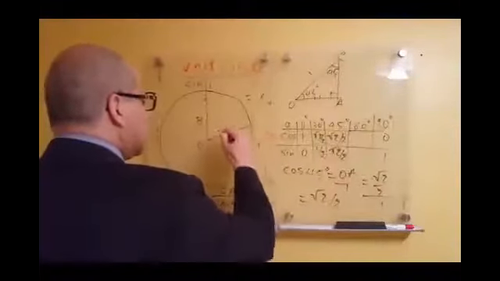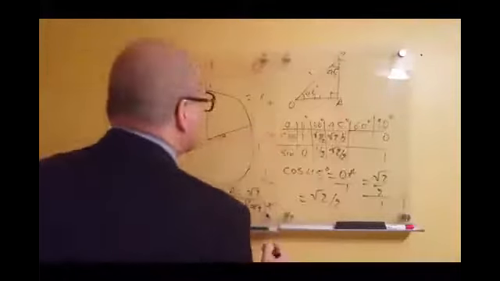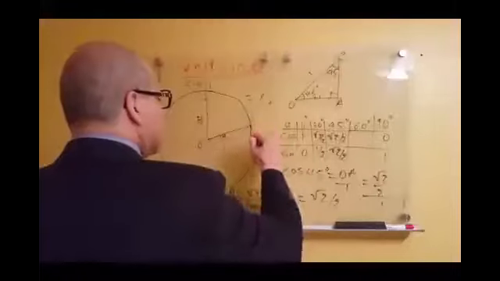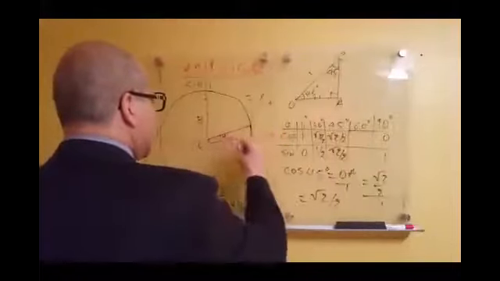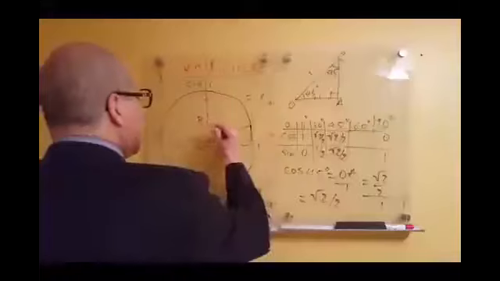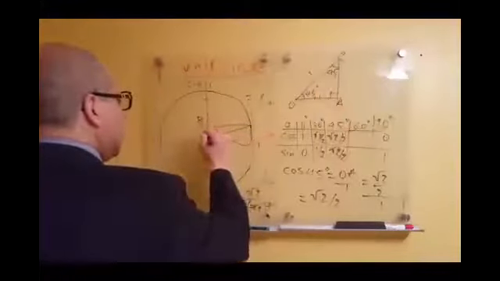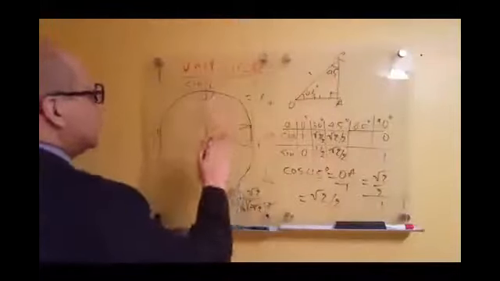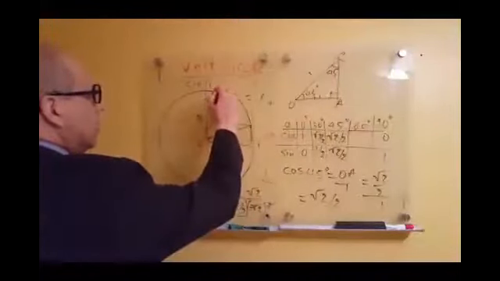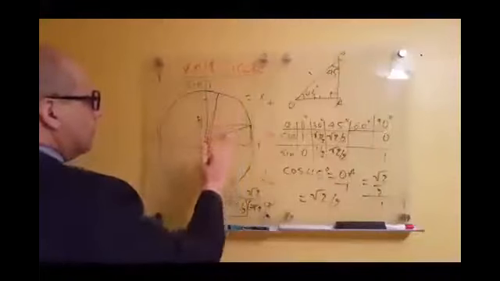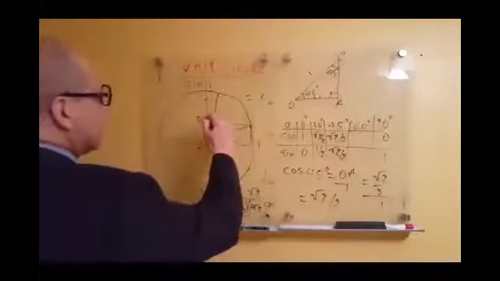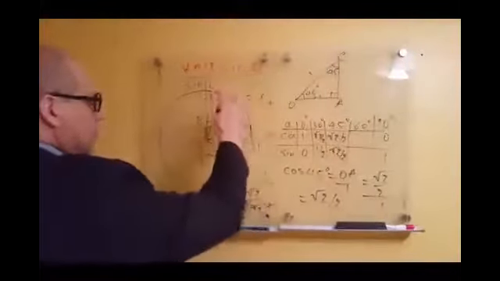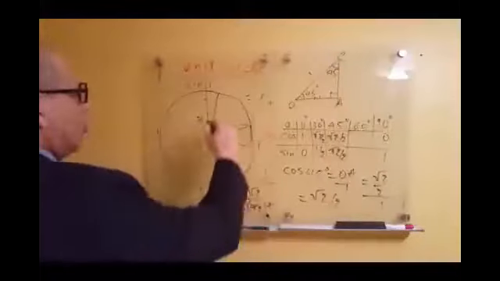Let's call it again A. The cos of this angle is this here, and the sine of this angle is this here. Now let's go and draw an angle A here. This is A. Now let's find also the cos and sine of this angle here.